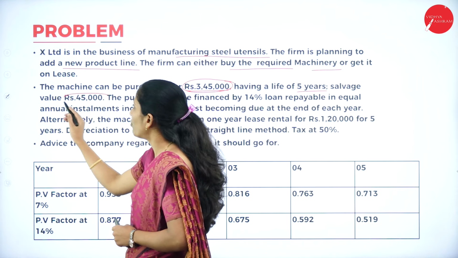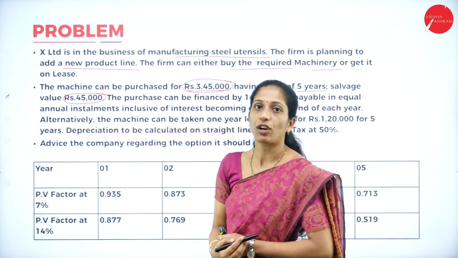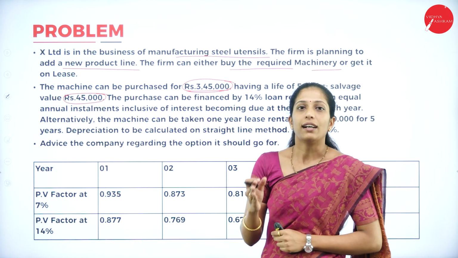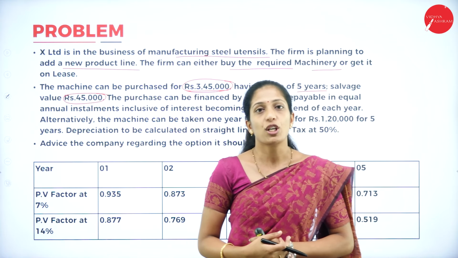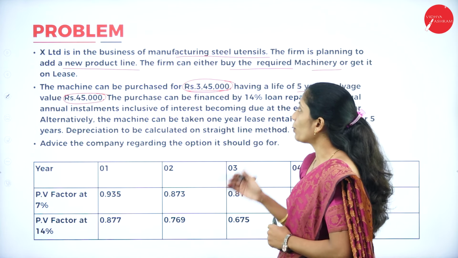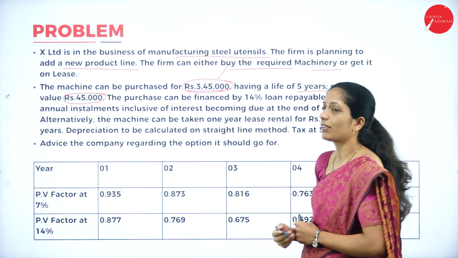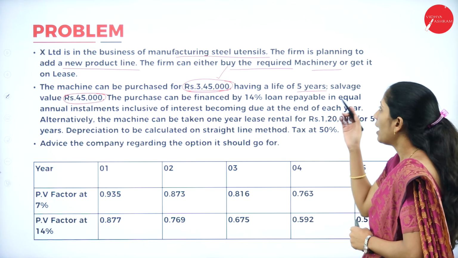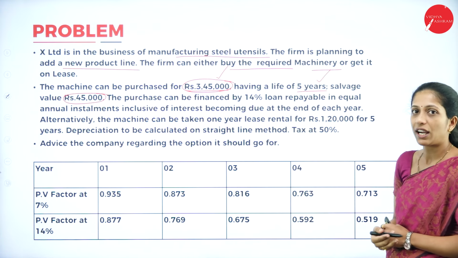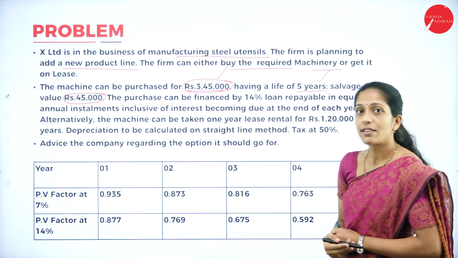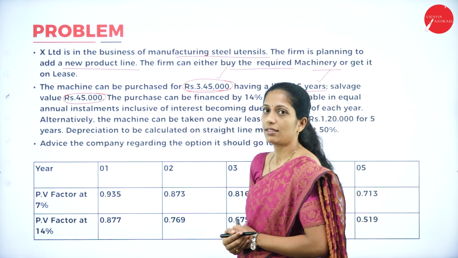That is, the scrap value of the machinery is rupees 45,000. Here X Limited has an option to purchase, where the cost is 3,45,000, the life of the asset is 5 years, as well as the salvage value, that is 45,000.